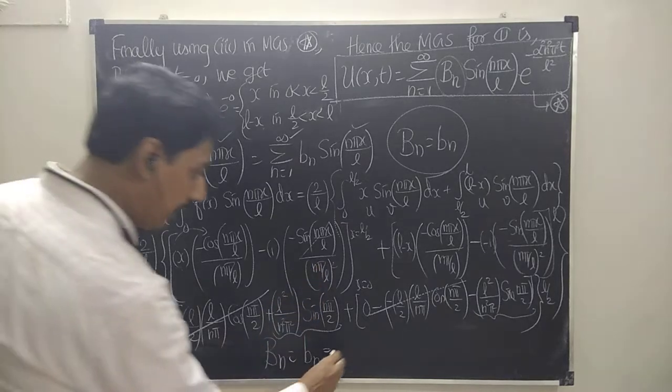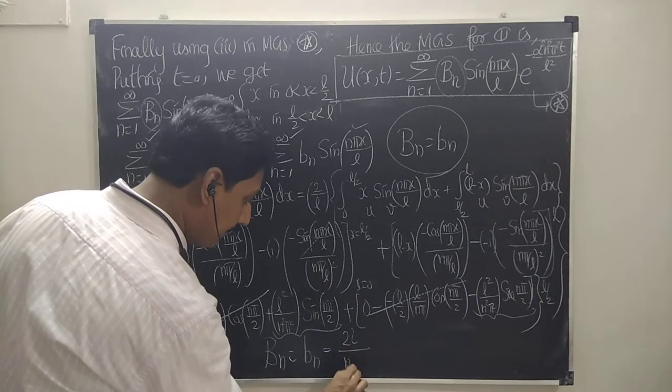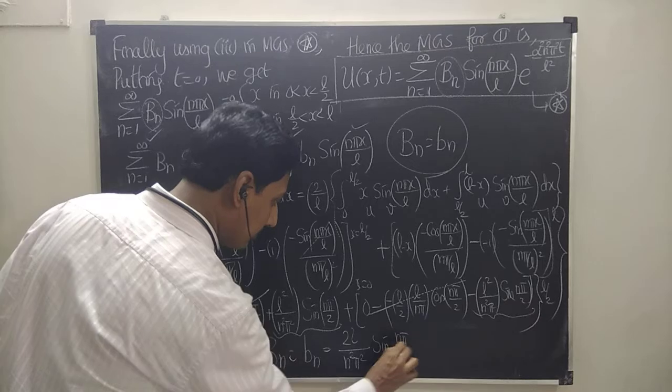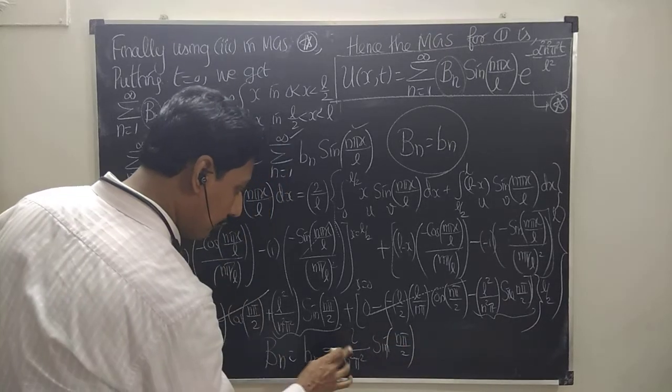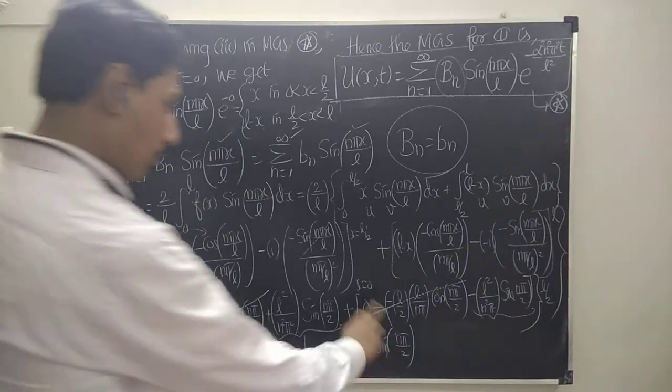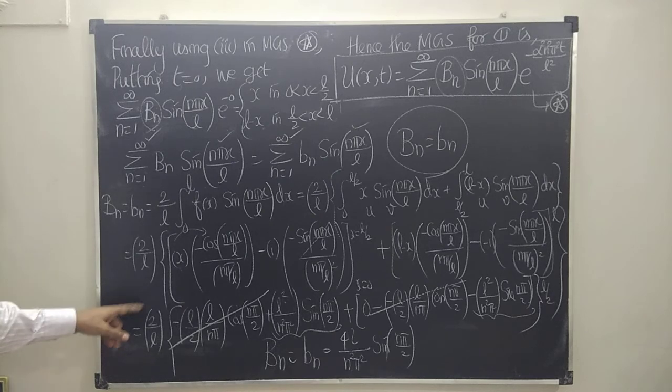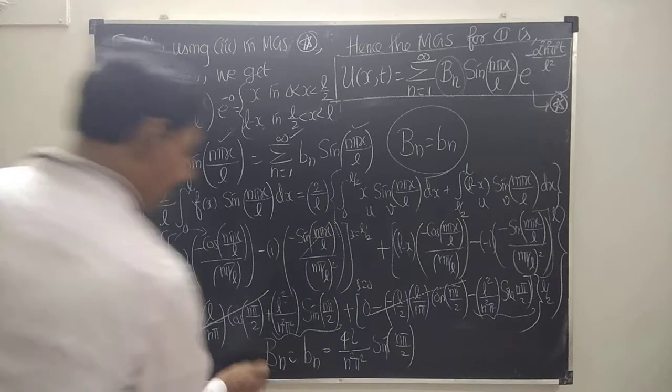After cancellation we get 2L by n squared pi squared into sin n pi by 2, plus because of 1 plus 1, 2 times L squared by n squared pi squared. So 2 to 4 L squared by n squared pi squared. But after cancellation of one L we get 4L by n squared pi squared sin n pi by 2. So this is my Bn value.